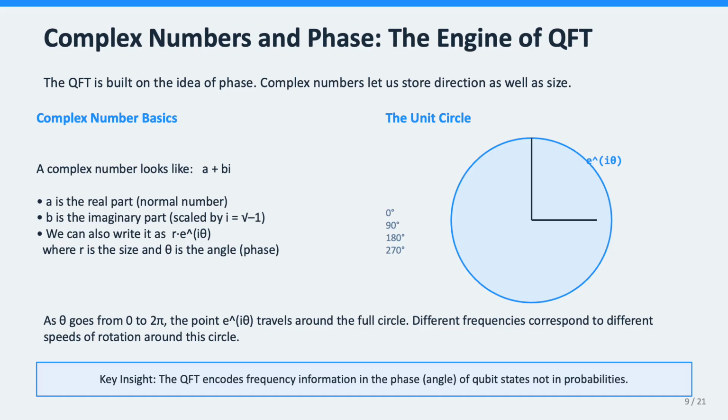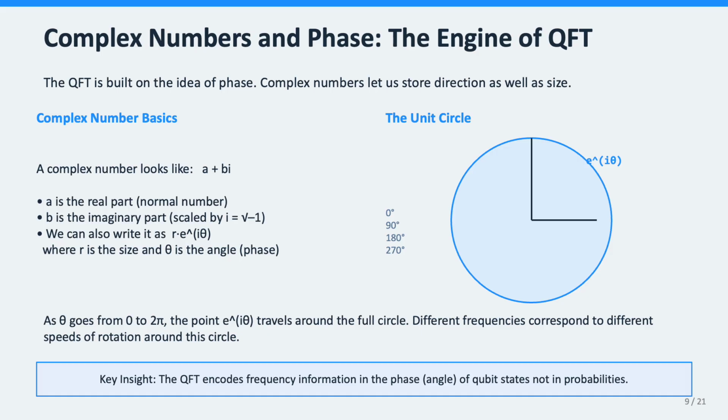The size tells us how far from the origin the point is, and the angle tells us which direction it is pointing. When the size is exactly 1, the complex number sits on what is called the unit circle, as the angle goes from 0 all the way around the full circle. The point travels around that circle exactly once.